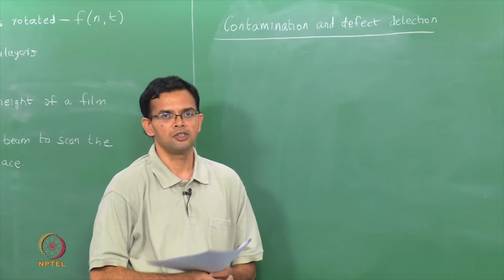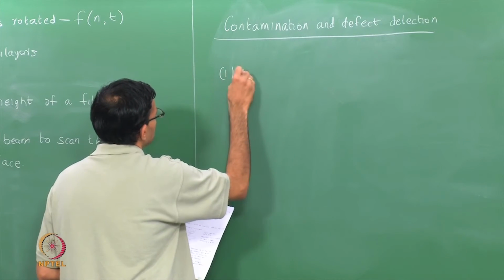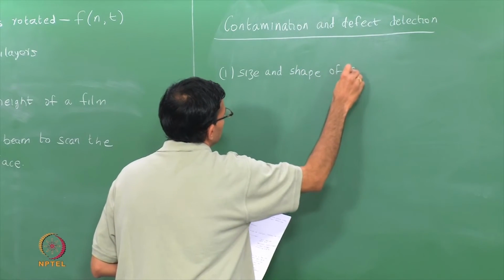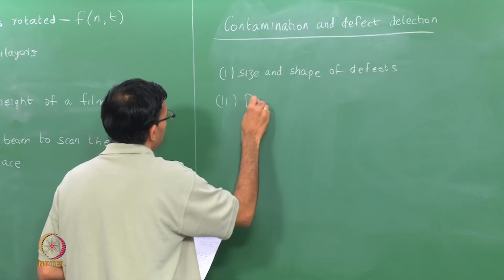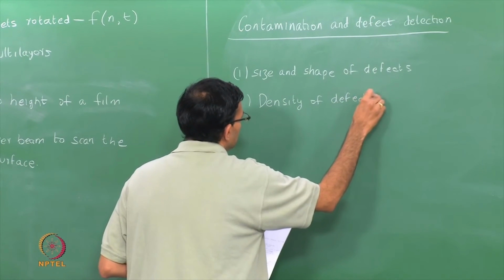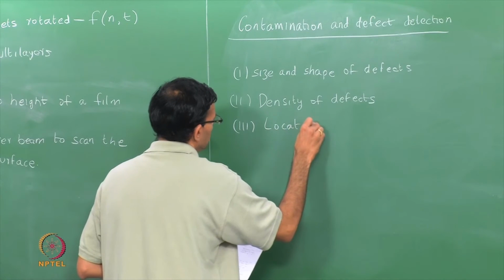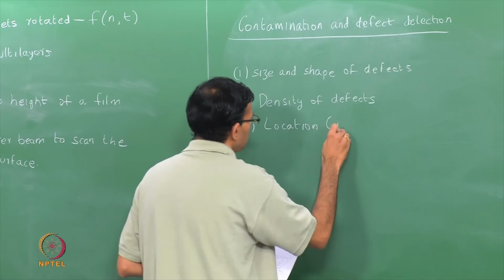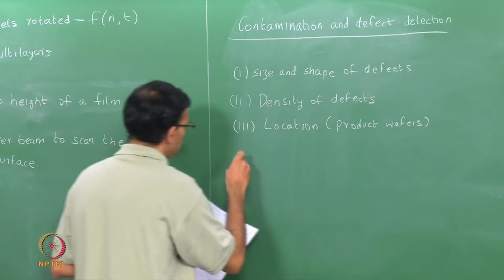So, when we look at defects or contaminants on a surface, some of the important parameters we like to know: one is the size and shape of the defects; the density of the defects, so how many there are on the surface; the location of the defects, especially on product wafers, because once again you can have defects at certain critical locations which can destroy the die; and also the chemistry or the nature of the defect.